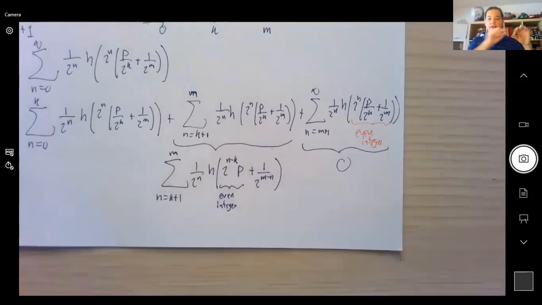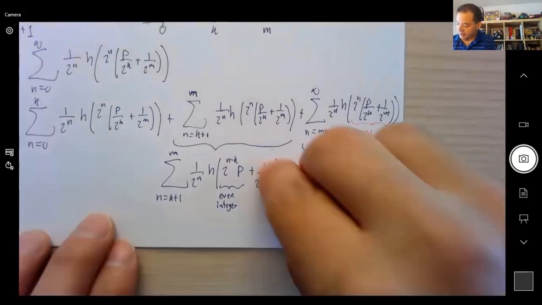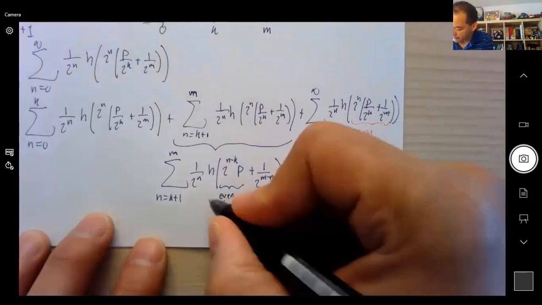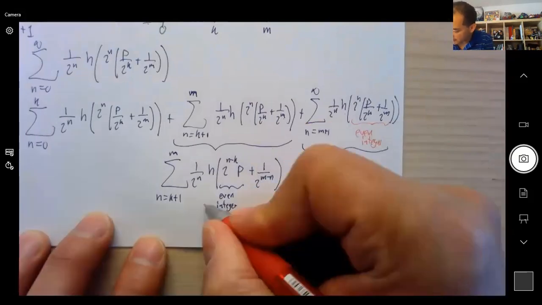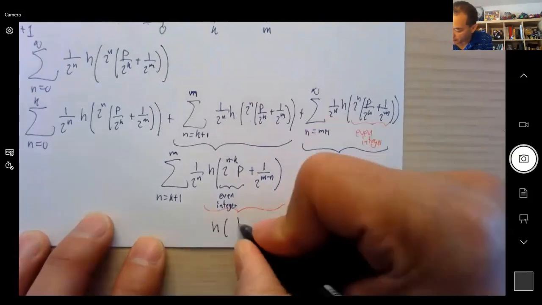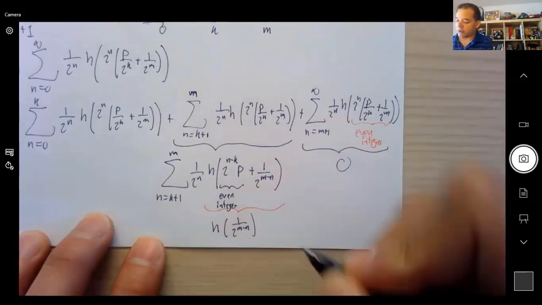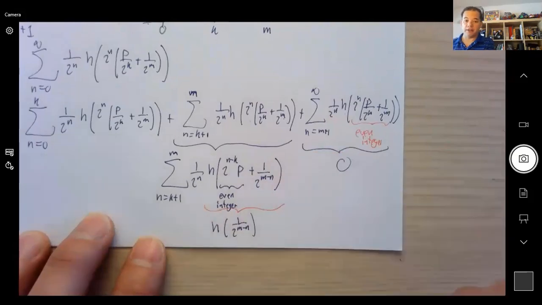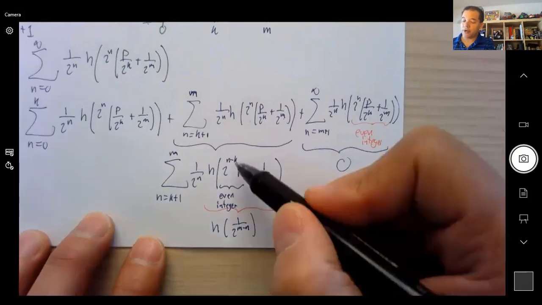Well, you need to remember that our function is periodic. The h function is periodic, right? So if you go to an even integer, it's the same as if you started at 0, because it's periodic. So this part over here is exactly the same. So h is exactly the same as if you simply do h of 1 over 2^(m-n).